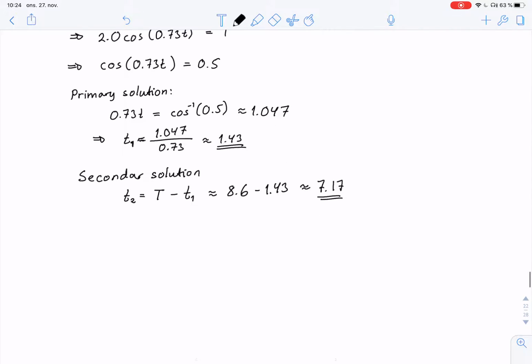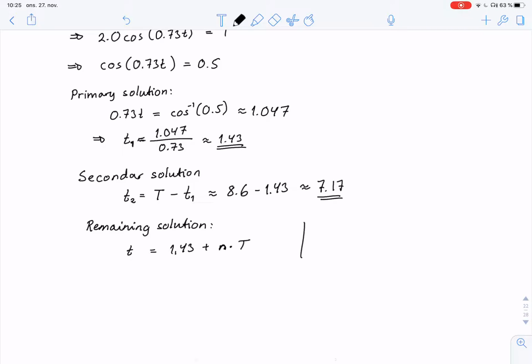If we were to find remaining solutions, we're not supposed to do that, but let's say we were. Then the t would be our primary one plus our period, as many periods as we want.